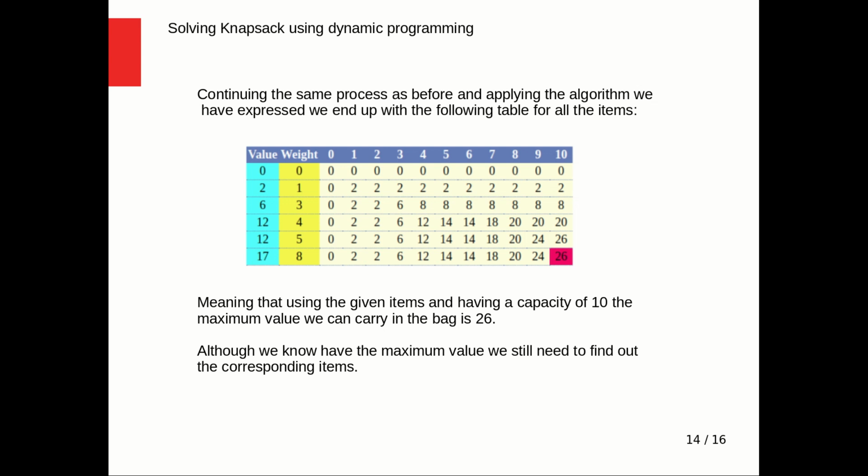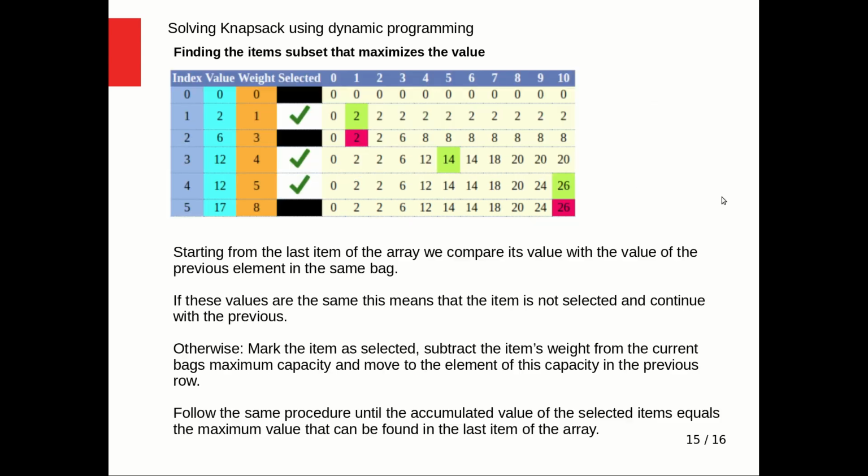We have not finished yet our problem, because although we know the maximum value, we still do not know the items that consist this value. So the way to do this is the following.